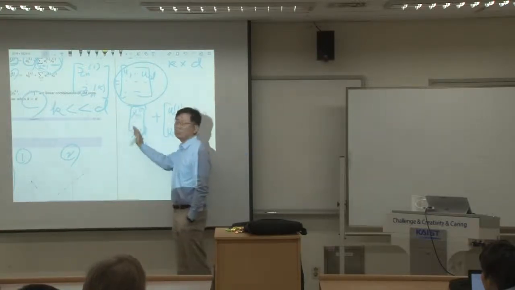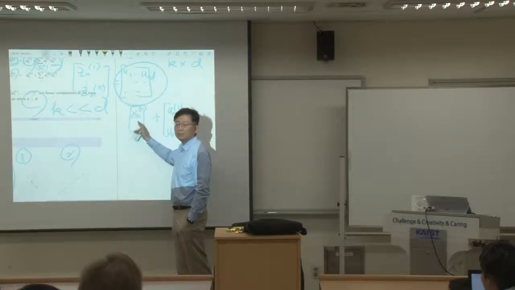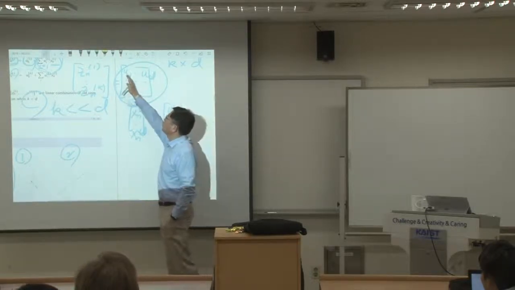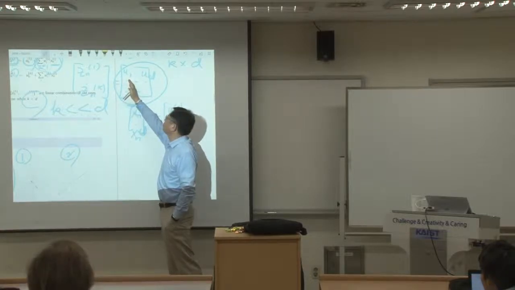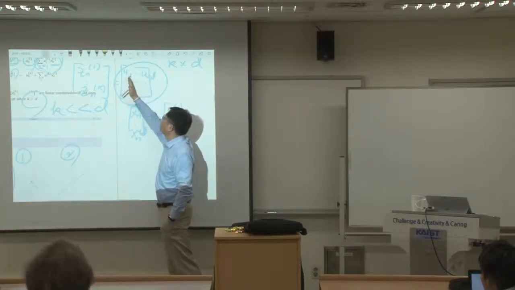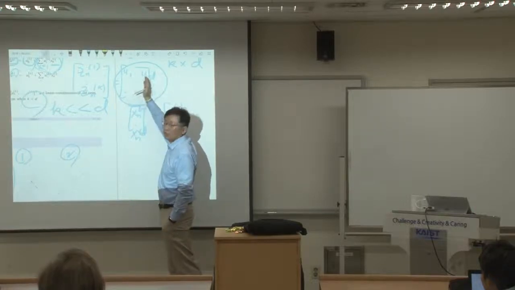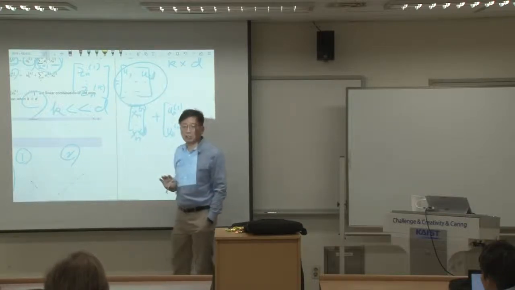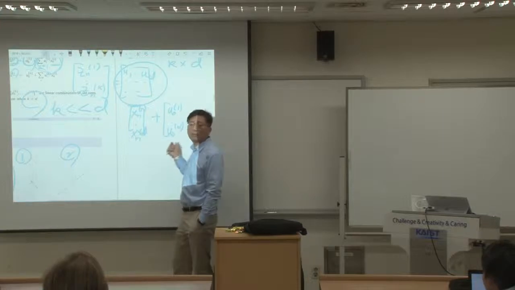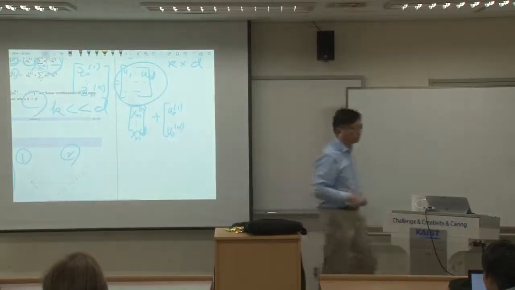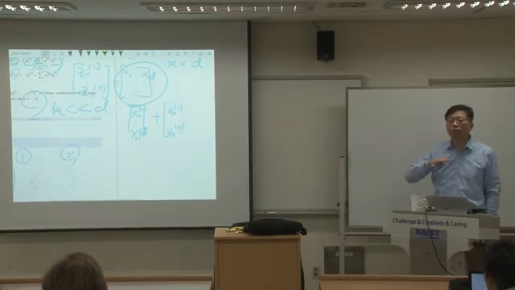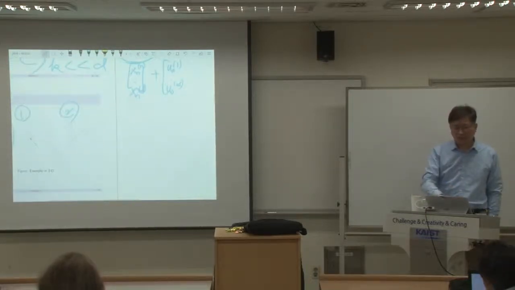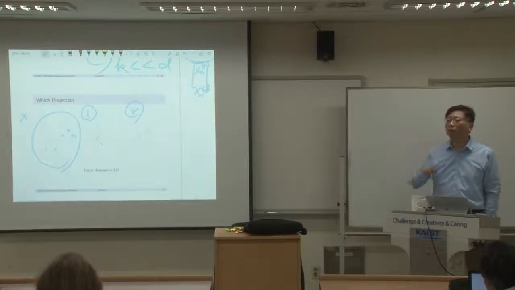I'm projecting this point onto the column space of this vector, or of this matrix. It's projection. Transformation, projection, and then you add a bias. Does everyone understand projection? As I said in the beginning of this course, a prerequisite of this course is linear algebra, and I hope everyone has it.